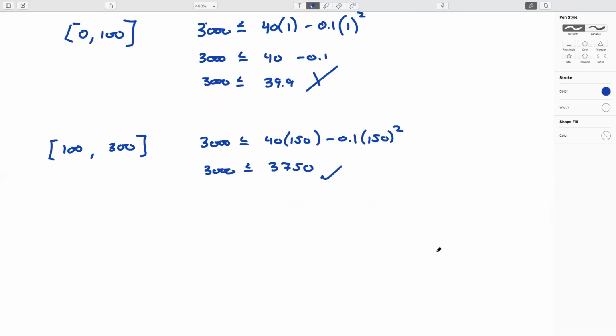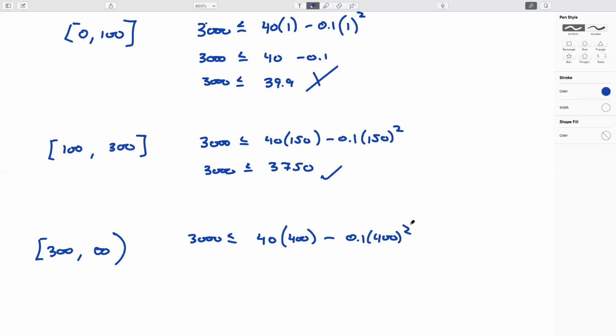Then the last question is what about above this critical value? Well, we can test that out. So let's go from 300 to infinity. Nope, too many 300s included, infinity is not. So 3,000 must be less than or equal to 40n minus 0.1n squared. So let's use 400. 40 times 400 minus 0.1 times 400 squared.